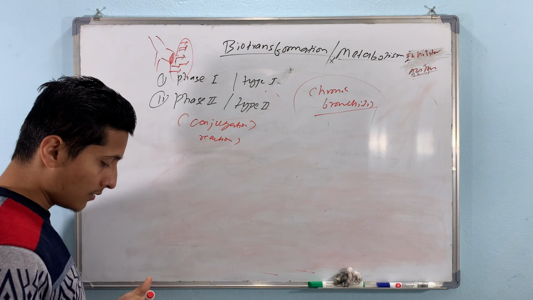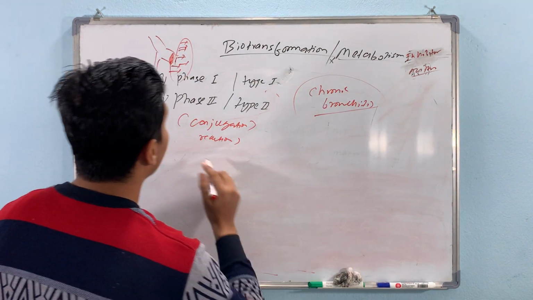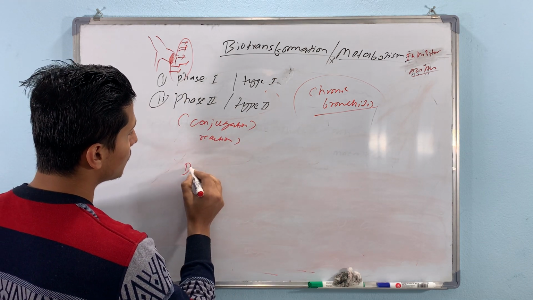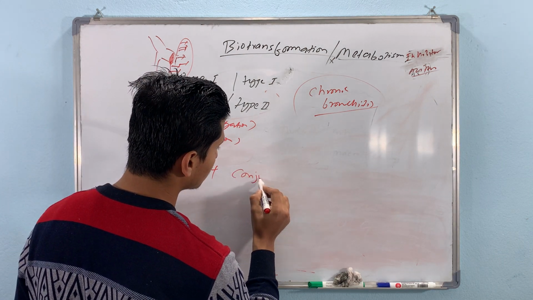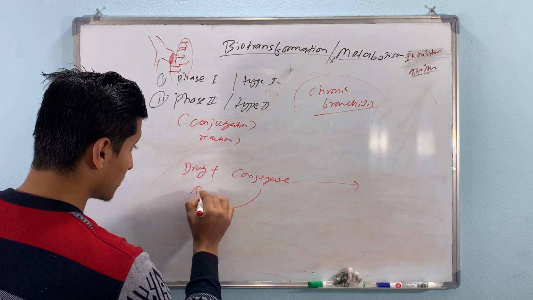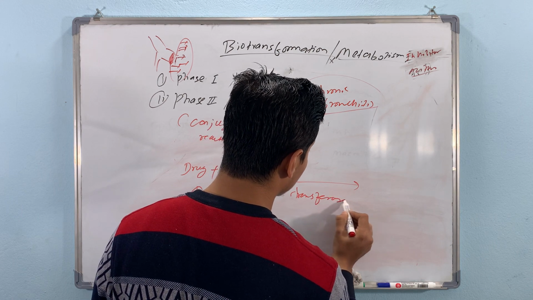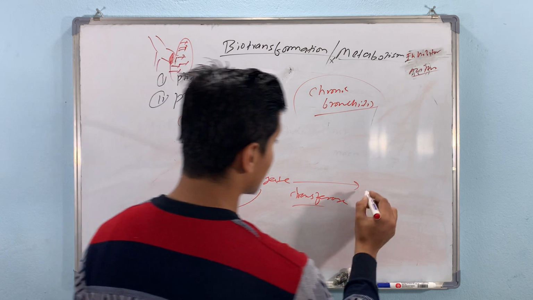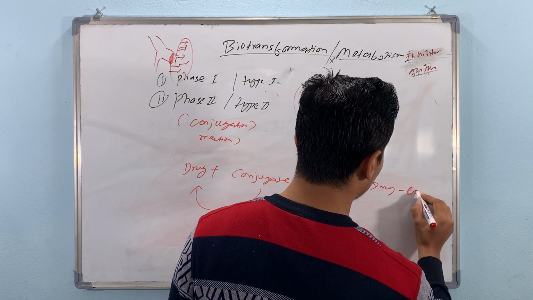Right? So why do we call this a conjugation reaction? Because what happens in a type 2 reaction is, suppose this is your drug, now you have a conjugate, and this conjugate gets transferred onto the drug by an enzyme called transferase. When the conjugate gets transferred onto the drug by the enzyme transferase, it forms a drug conjugate complex.